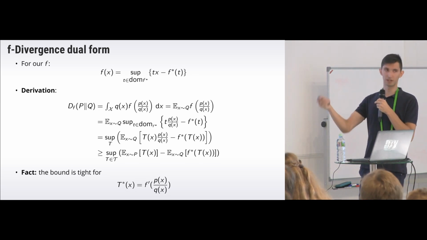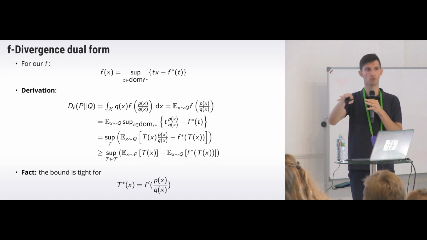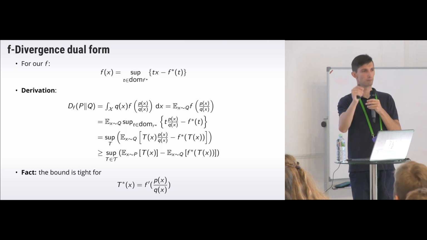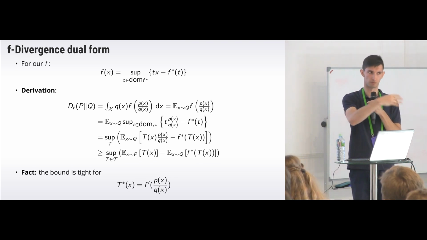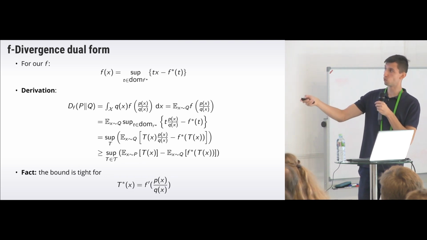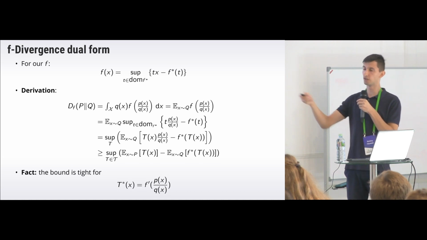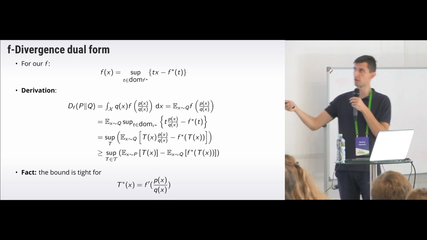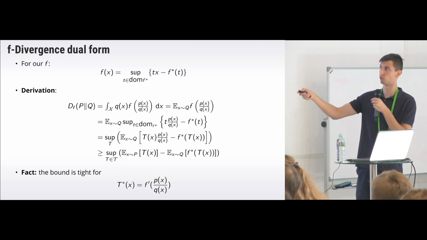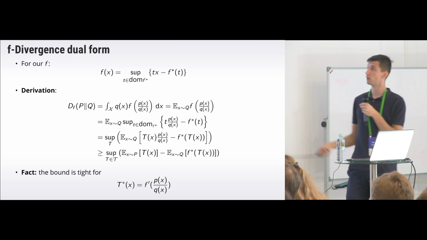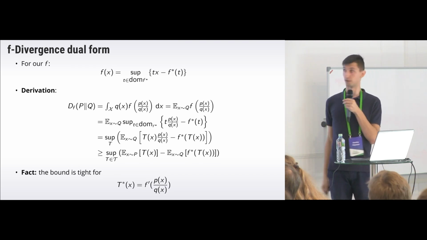We can do it explicitly: we search through all the possible functions t of x, and only then sample x's and test whether it gives us the supremum or not. So it's equivalent. Now we are looking for a function instead of searching for a scalar. Instead of t here, a scalar, we have t of x, a function.